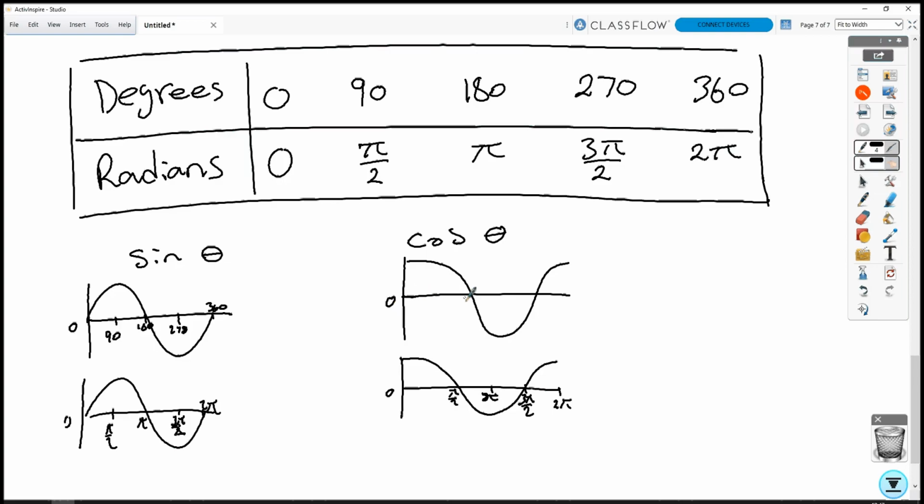Sorry, I've done radians again. Let's fix that. 90, 180, 270, 360.